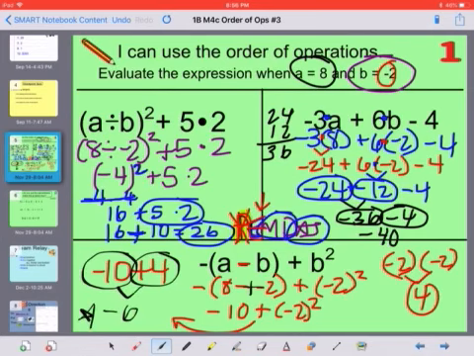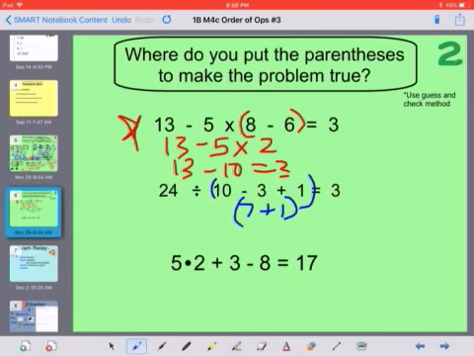So what if I try grouping all of these? 10 minus 3 is 7. 7 plus 1 is 8. 24 divided by 8 is 3. If you wanted to put another set of parentheses here, that's technically the same answer, but because we have to follow the order of operations, we would do that part first anyways.